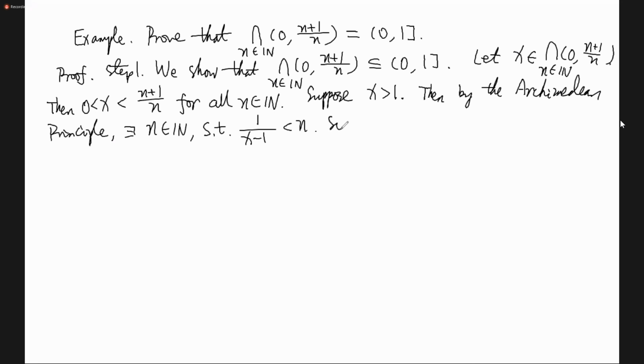So what does this mean? This means 1 is less than nx minus n.